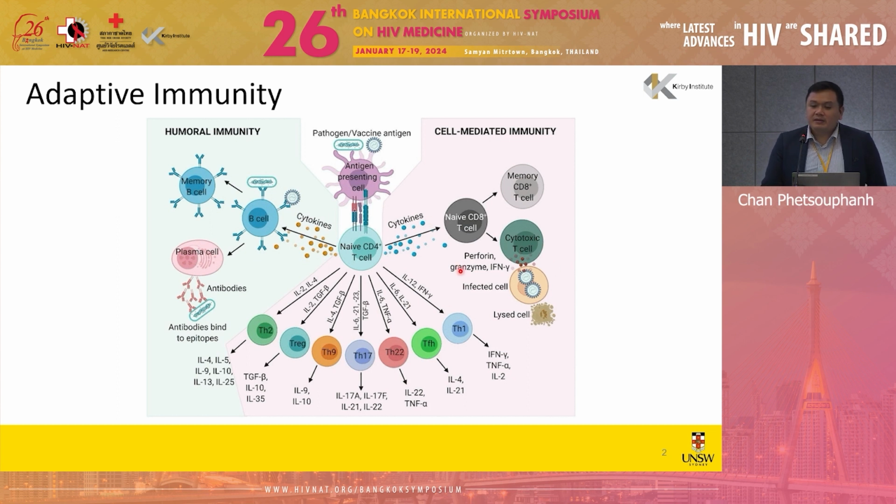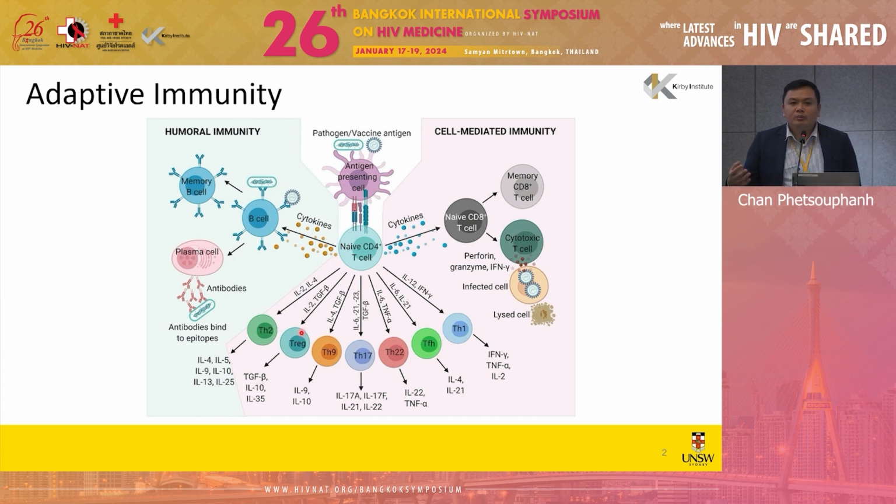The CD4s are a little bit more complicated because they're very heterogeneous, and there are many subsets they can differentiate into depending on the pathogen they come across. Th1s and Th17s are more involved with viral, bacterial, and parasitic infections.